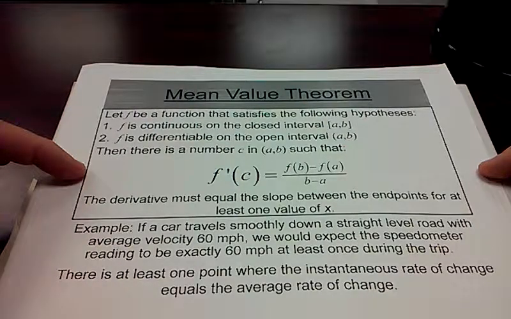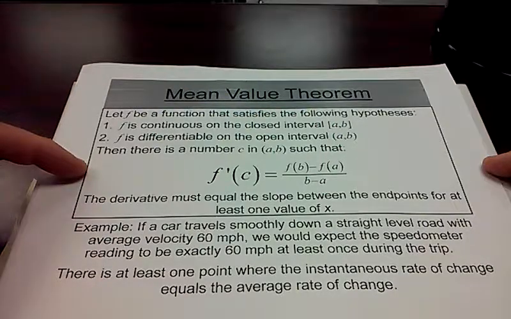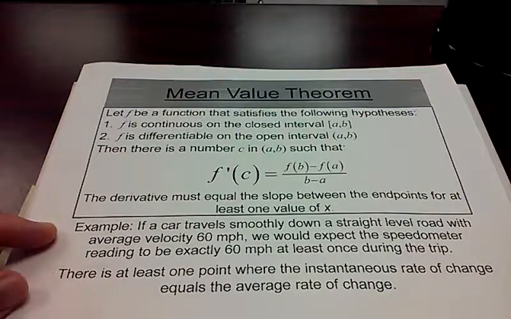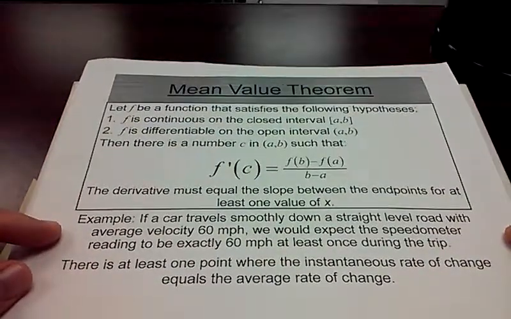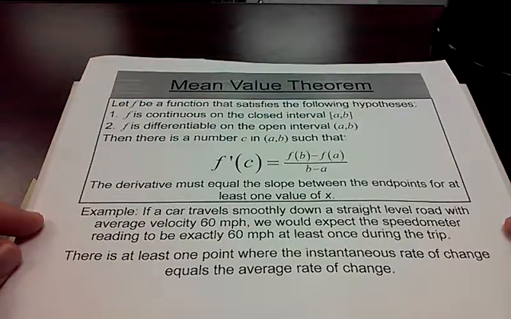But when I say I drive 60 miles per hour on average, that means I was driving a little bit faster in some places and a little bit slower in others. But at some point on my trip, I was driving 60 miles per hour. So that's what this is saying: if a car travels smoothly down a straight level road with an average velocity of 60 miles per hour, we would expect the speedometer reading to be exactly 60 miles per hour at least once during the trip.